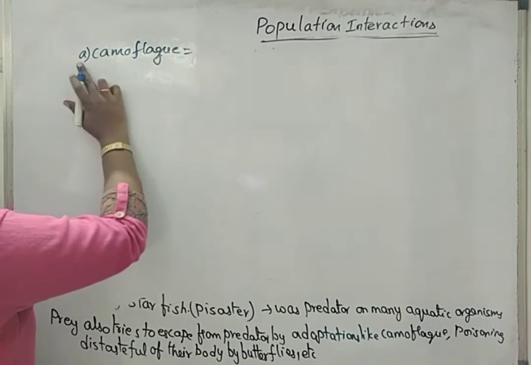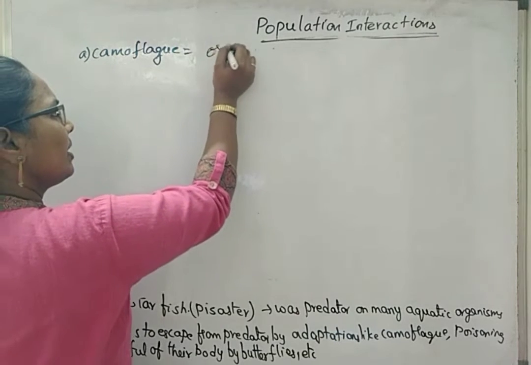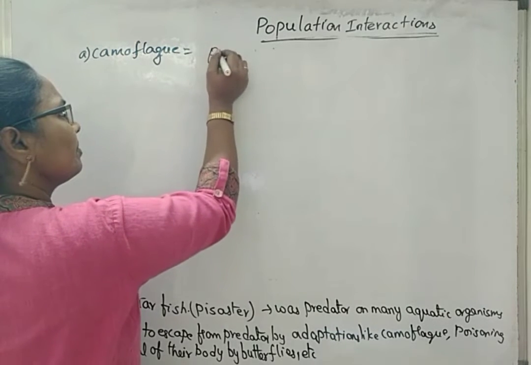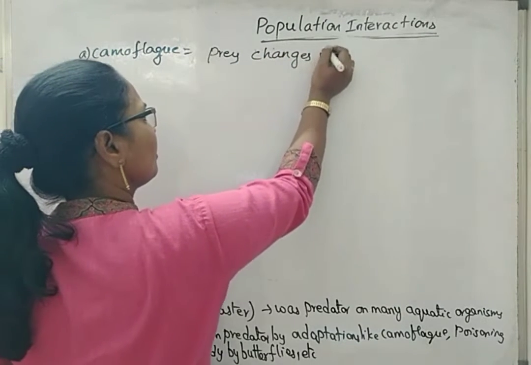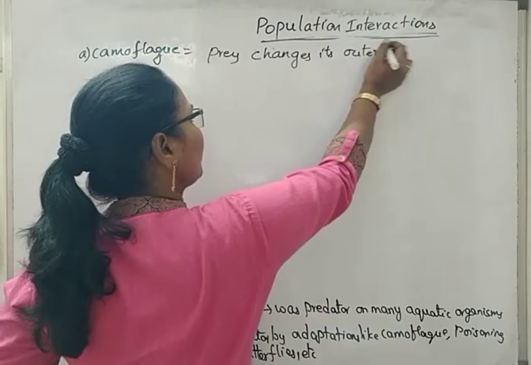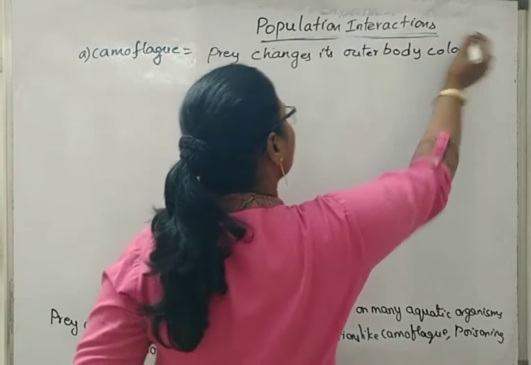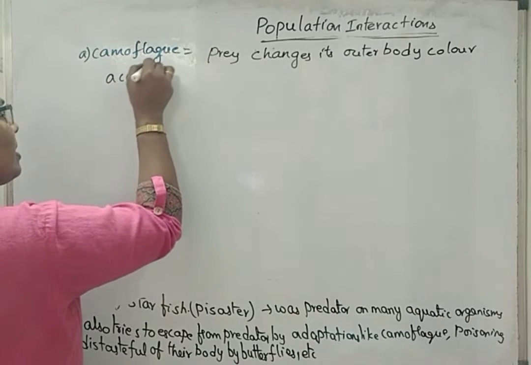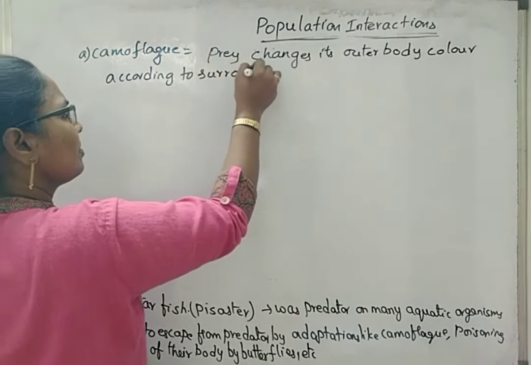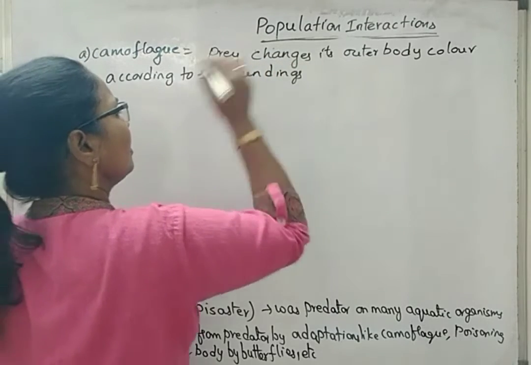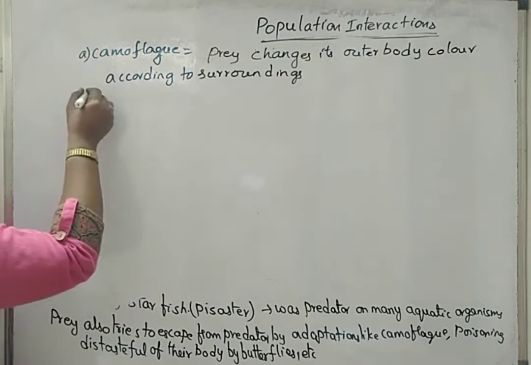In this type of adaptation, the organism or prey changes its outer body color according to surroundings, like some types of lizards, some types of frogs, etc.